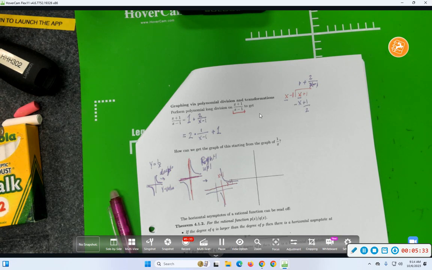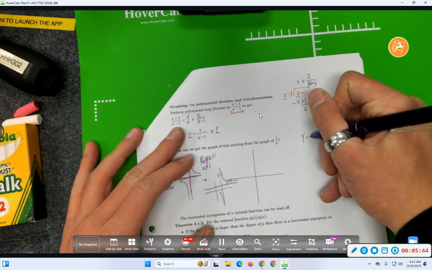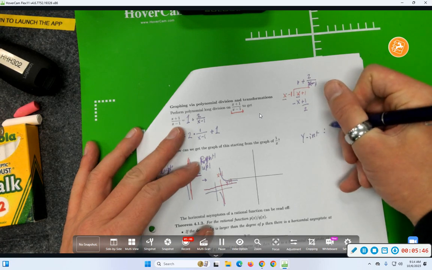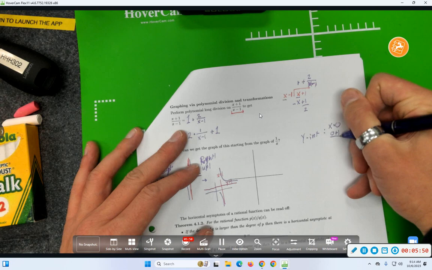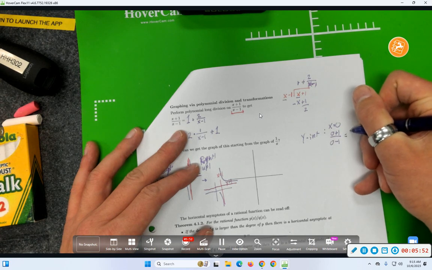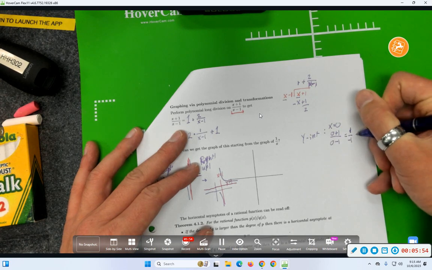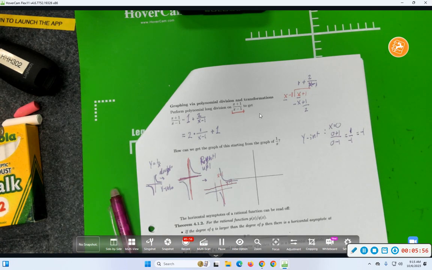What do you get when you plug in 0 for x? I think you get −1. Whenever you see a negative in the denominator, it's really the whole thing that's negative.